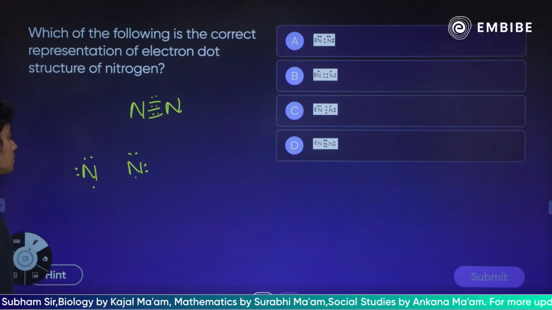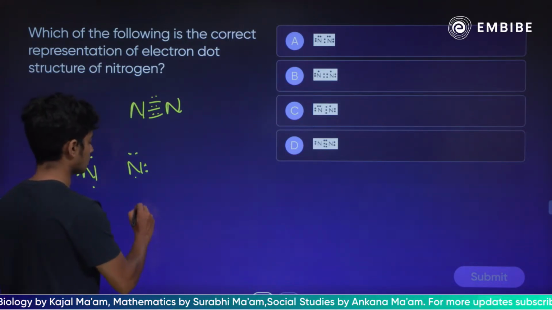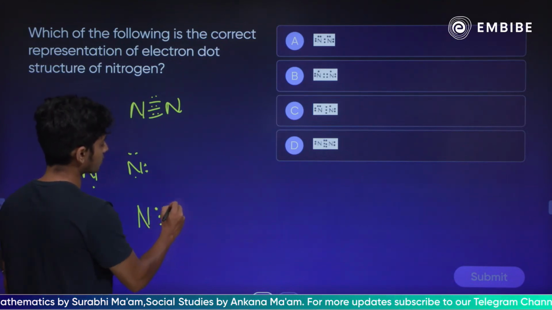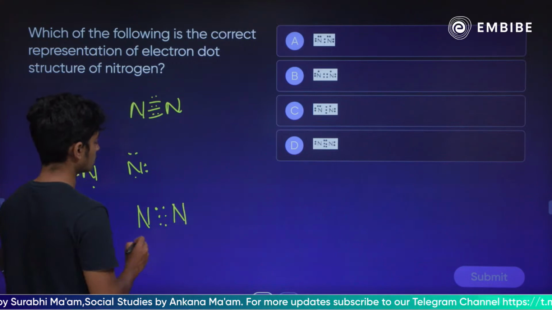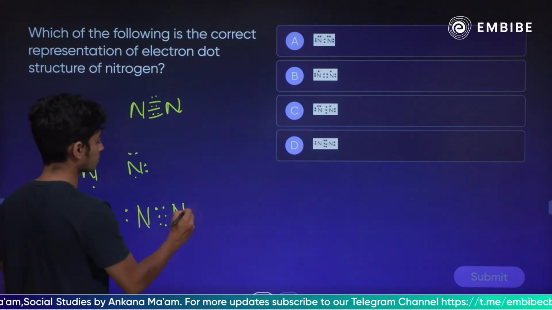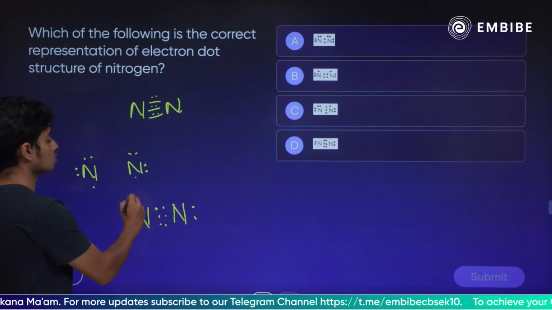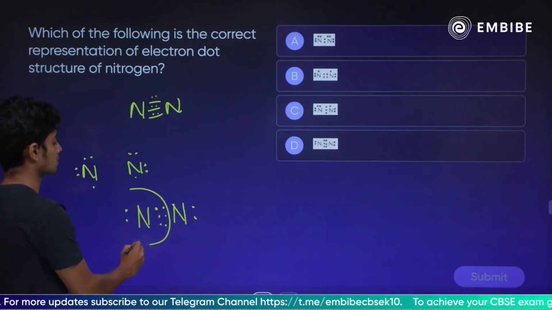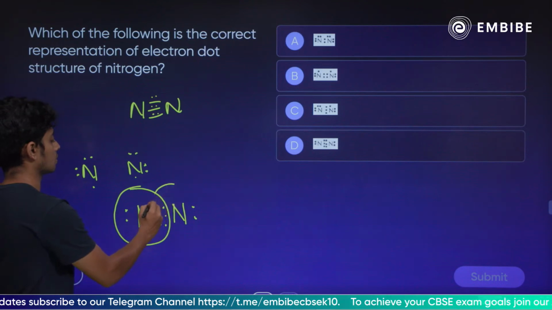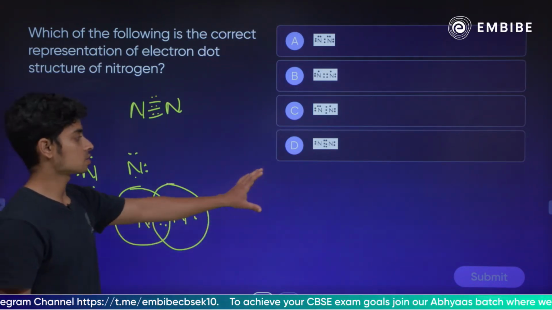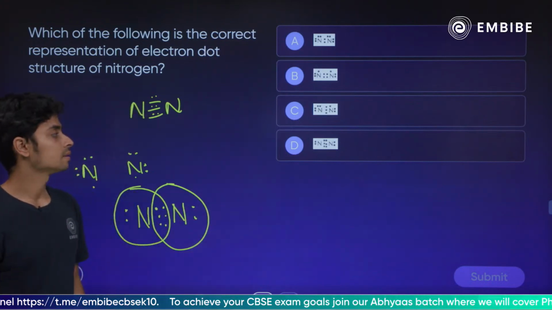In a triple bond there will be 6 electrons in between the nitrogens, and 2 electrons will not be in bonding as per the valence shell. So the electron dot structure should look like this. Any structure which shows this, or at least just the electrons without these circles, will be my answer.